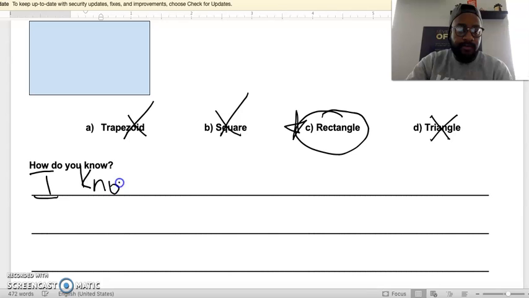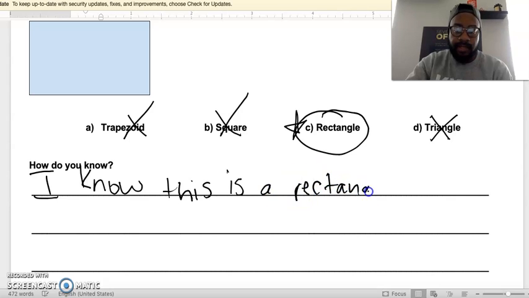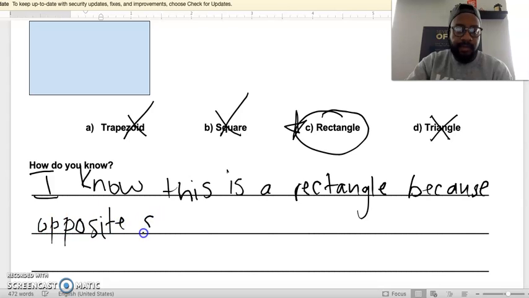I know this is a rectangle because opposite sides are equal.